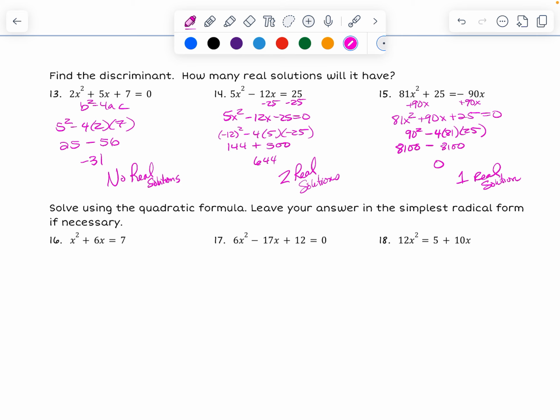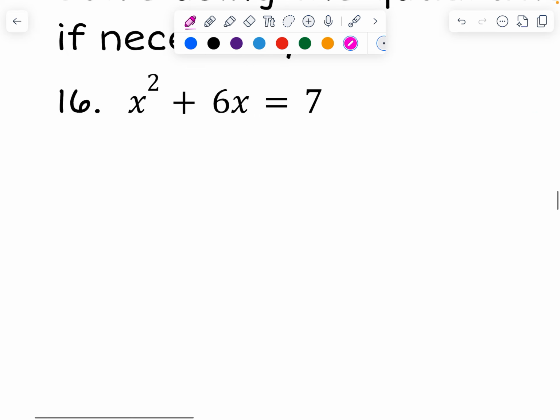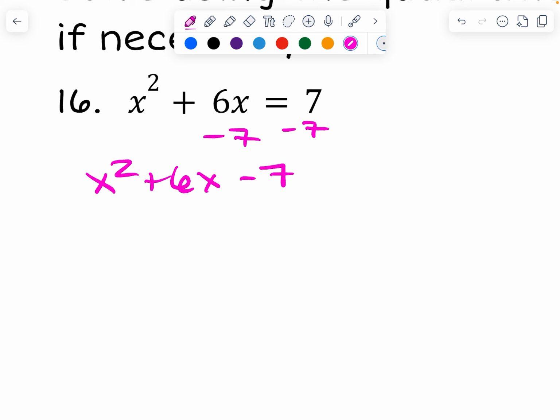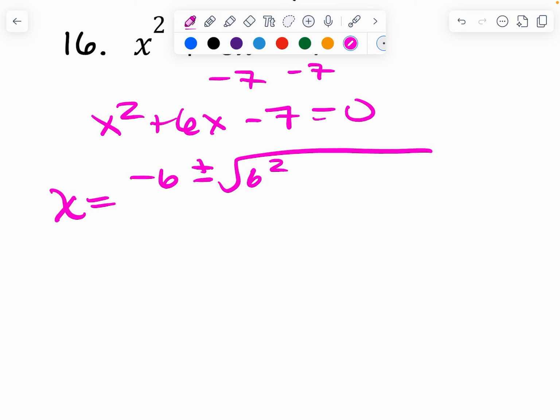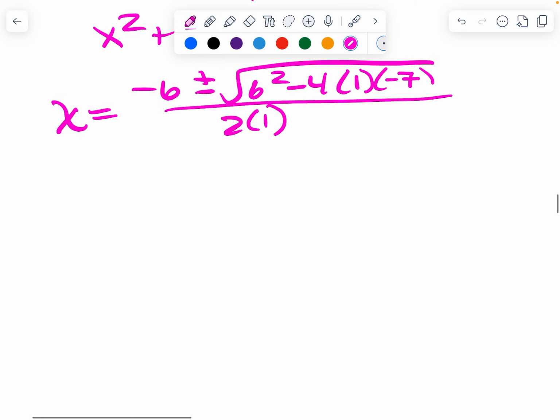Okay. Solving using the quadratic formula. So I subtract 7 from both sides. I get x squared plus 6x minus 7 equals 0. So x equals negative 6 plus or minus the square root of 6 squared minus 4ac all over 2a.